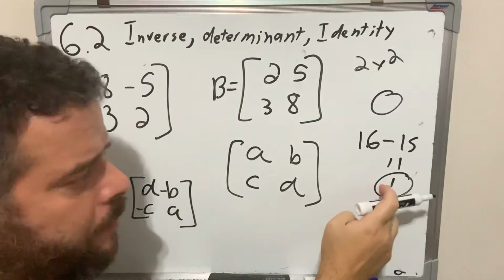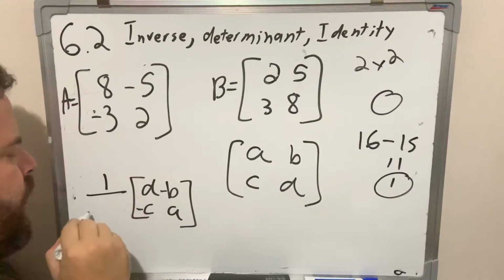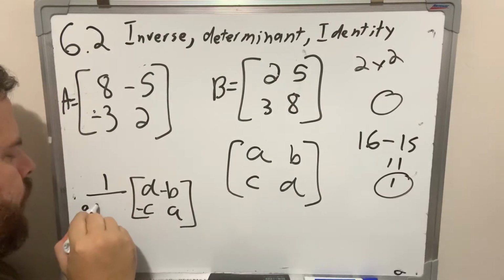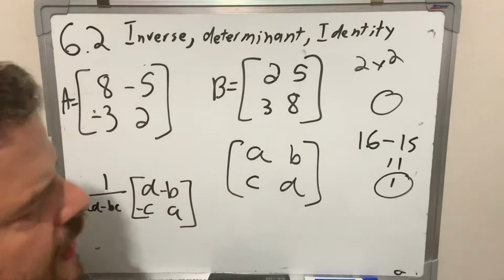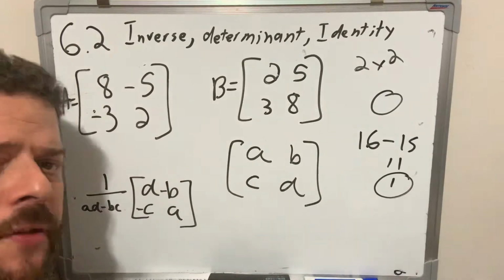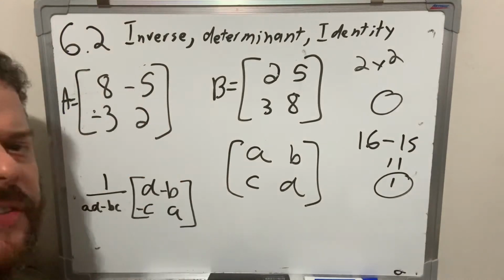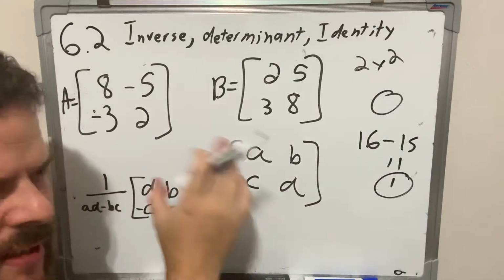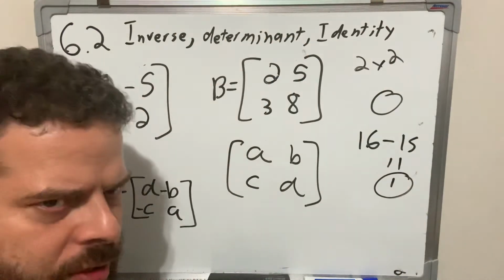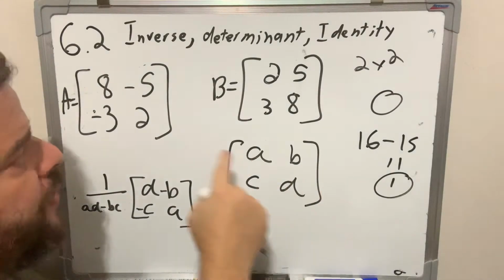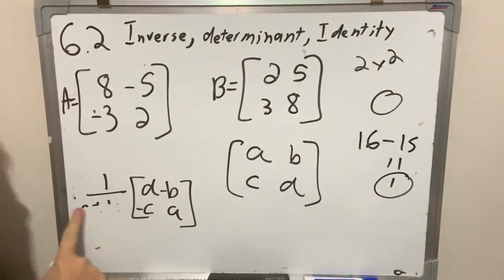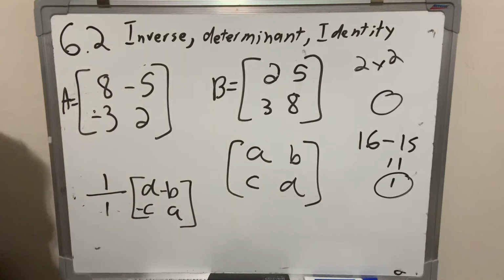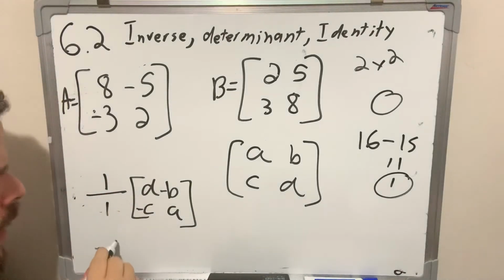And then you multiply by the inverse of your determinant, 1 over AD minus BC. You'll see how simple I can find the inverse of this matrix instead of doing all that addition and Gauss-Jordan elimination. First of all, the determinant of this matrix we saw was 1, so I'm going to change this number for 1. 1 over 1 is 1.